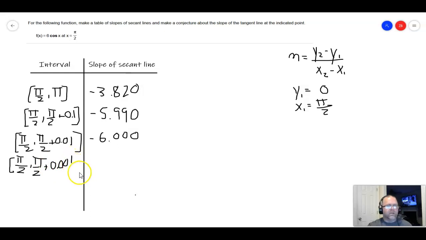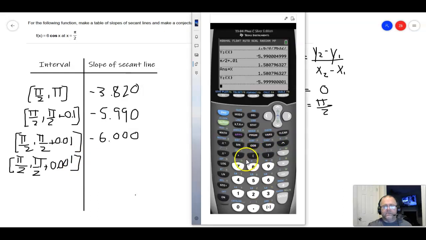0.001, so 1/1000th. Same kind of deal here. We should get the gist of this now. We're going to do pi divided by 2 plus 0.001. Then we go to vars, y variables, y2, evaluated at our new x.